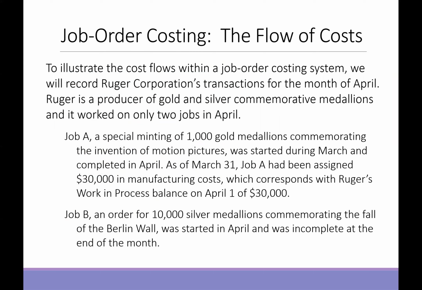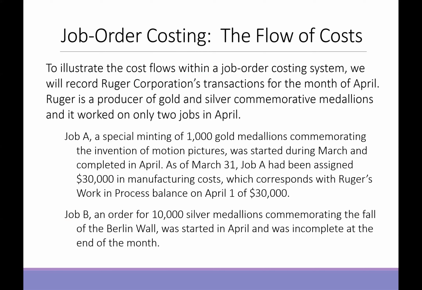Okay, so we know if it's saying it started in March and it was completed in April, we know at the end of the month of March, these goods were still sitting in work in process as an inventory asset. As of March 31st, Job A had assigned $30,000 in manufacturing costs, which corresponds with Ruger's work in process balance on April 1st of $30,000.